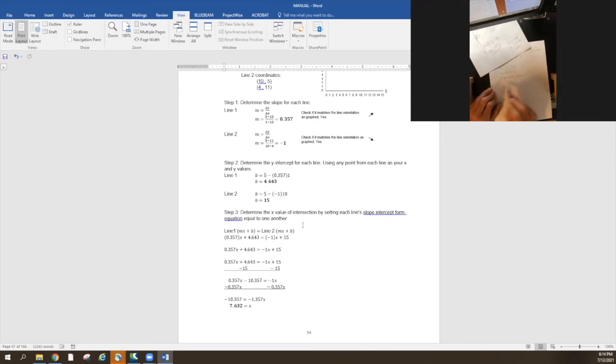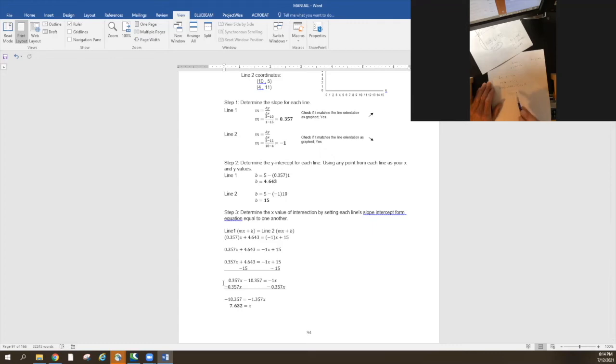So now I have this equation, and I'm going to solve for X. The way I would do that is bring 15 over here and divide each side by the slope difference. If I do all that algebra, I get 7.632 equals X. So by setting the two slope-intercept equations equal to one another for each line and solving for X, I get the X value of 7.632.